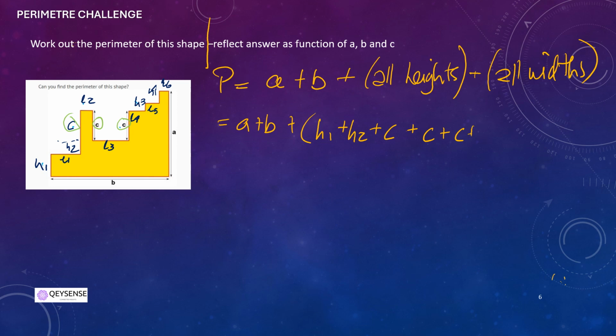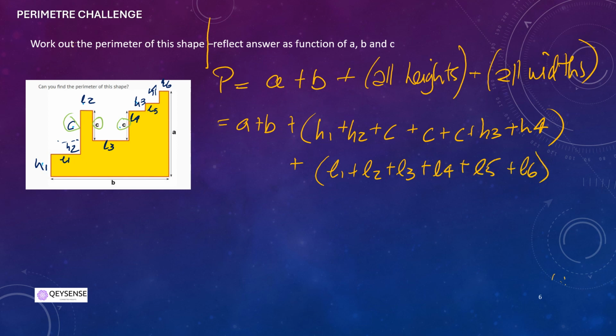Okay, and then we've got plus H3 plus H4. So that's all your heights. And then you also add all your widths, and that's simply L1 plus L2 plus L3 plus L5 plus L6.